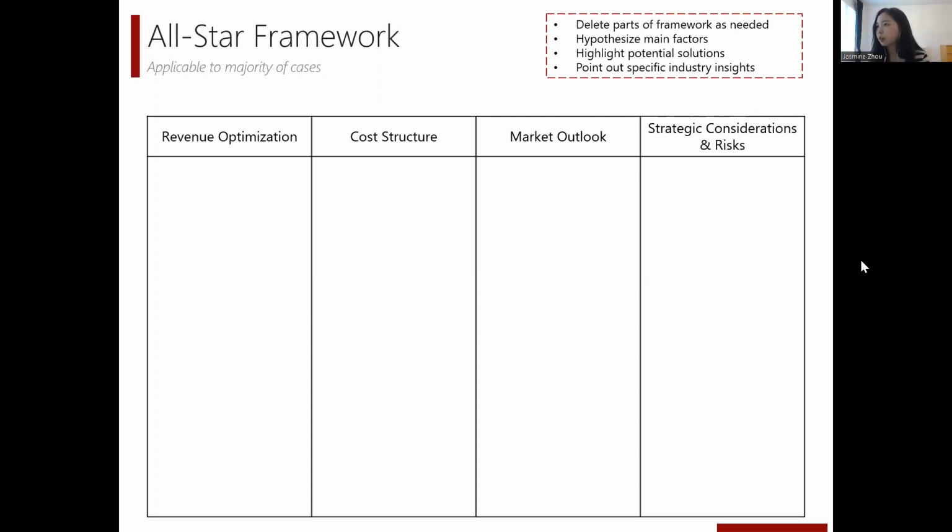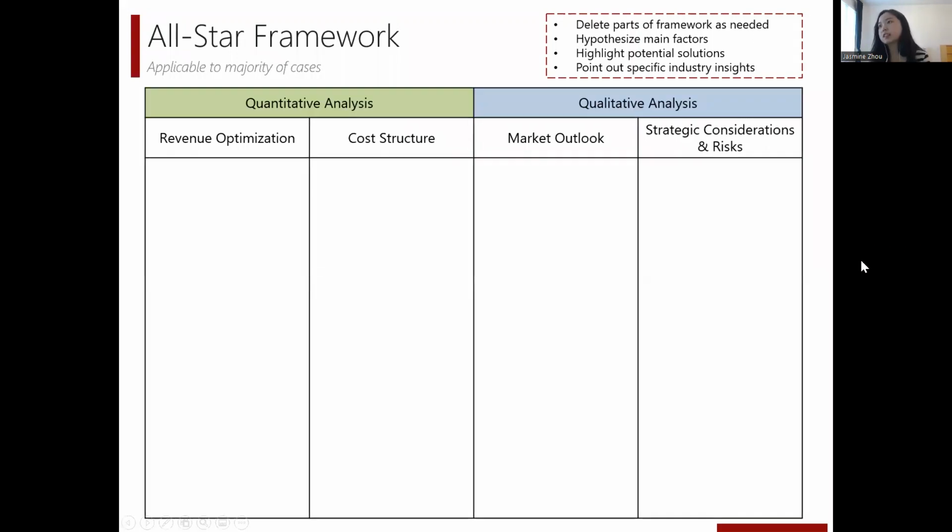And if you think about it, this is just split into quantitative analysis and then qualitative analysis, which is what any case will sort of be made up of. You'll see that quite a lot. And so you can split any case into these 2 buckets of quantitative versus qualitative.